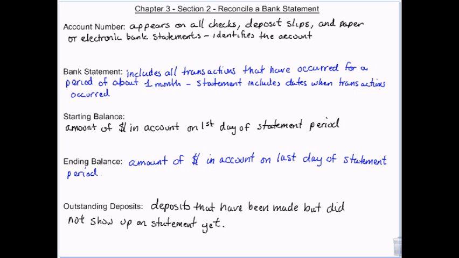So the account number is what identifies your account more so than your name. And it appears on every document that has to do with your account. It appears on your checks, on your deposit slips, and on your statements, whether they are paper or electronic, and it's the identifier.